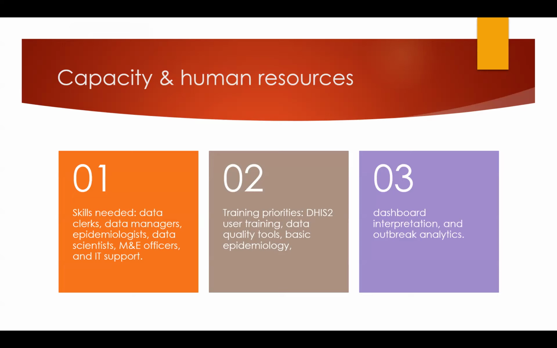Training priorities should be given to those people who are currently working: DHIS2 user training, data quality tools, and basic epidemiology should be taught to them. And then dashboard interpretation and outbreak analytics should be done. This is also being done at the Institute of Public Health, particularly for dengue and other diseases like influenza, in collaboration with PITB.